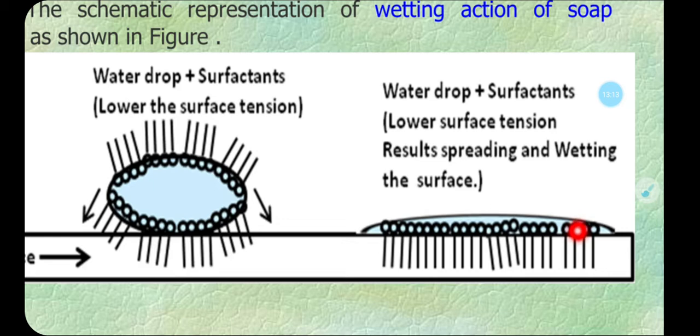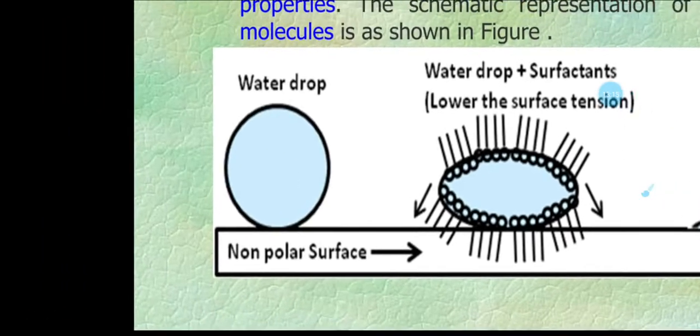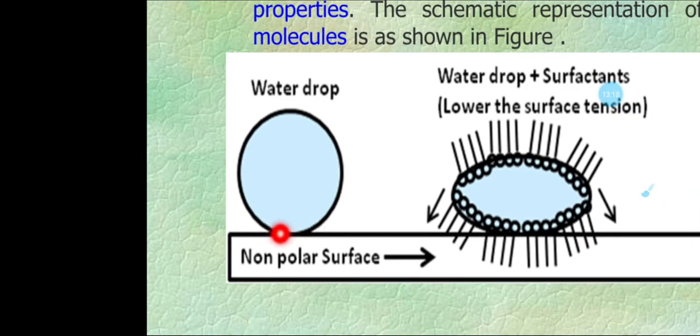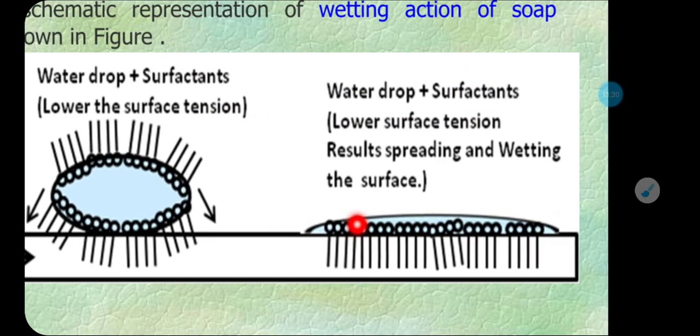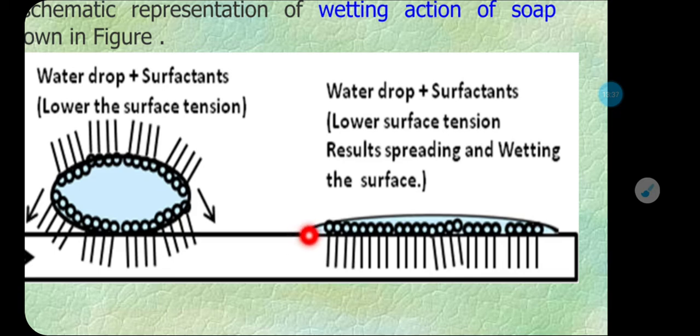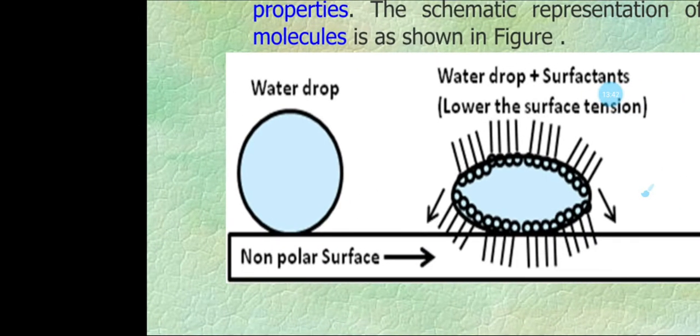So in this way, in the first case, in the absence of surfactant, due to the surface tension, the water molecules just touch the non-polar surface. Due to the addition of surfactant molecules, this water drop spreads over the non-polar part. That means this much surface area will be wet by the same quantity of water. Initially only that much surface area will be wet, that means very small.